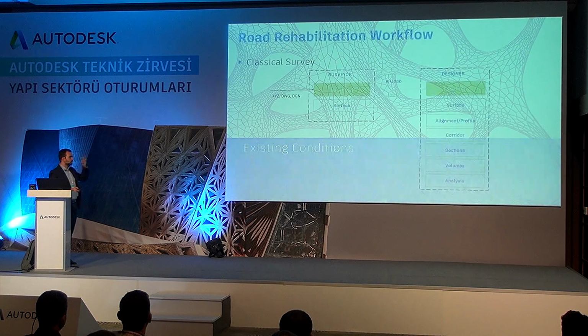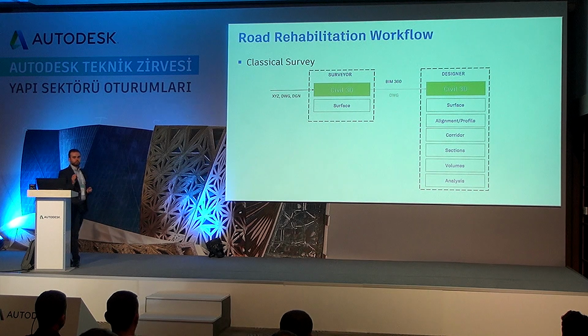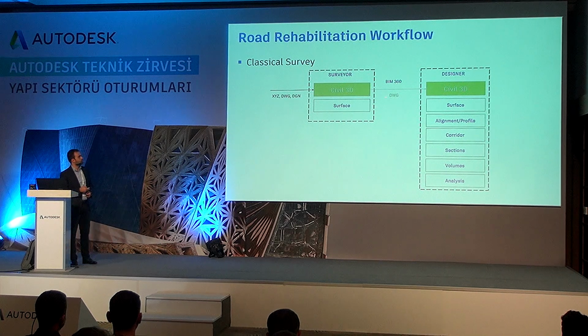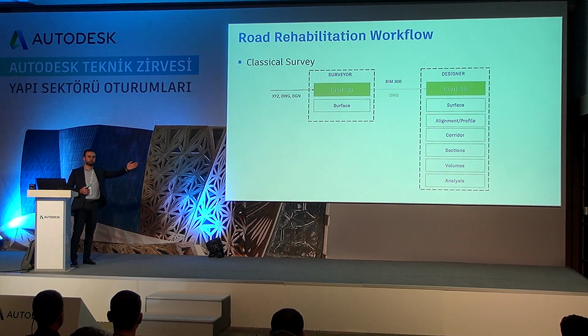So let's start with the existing conditions. As I mentioned, now that we know about the way of measuring things, what the contractors do on site or the consultants, they go with the classical survey, they send a crew to the site, right? Imagine if it's a road or a network of roads that is tens of kilometers.